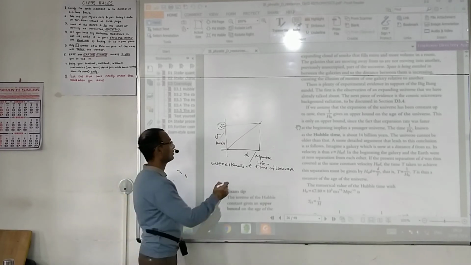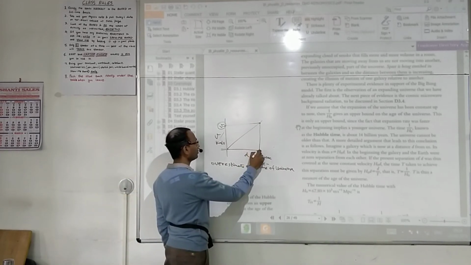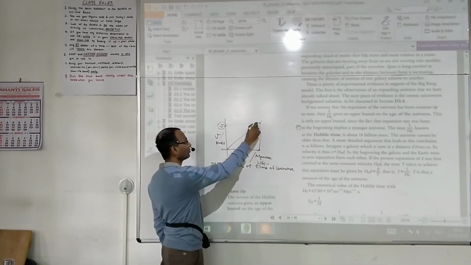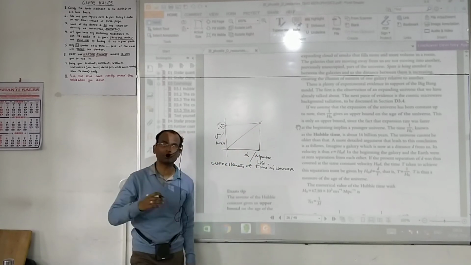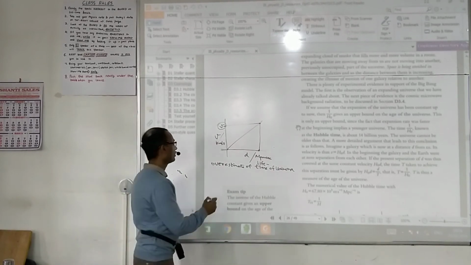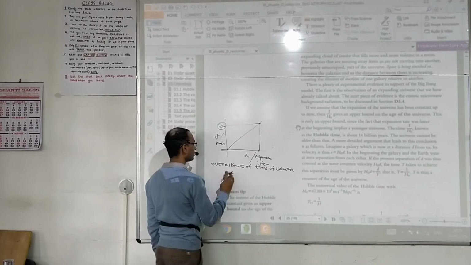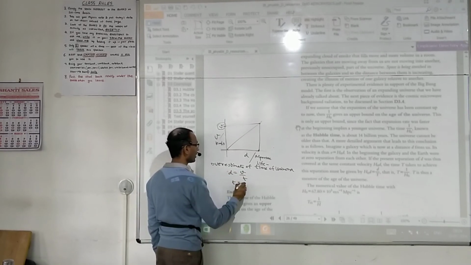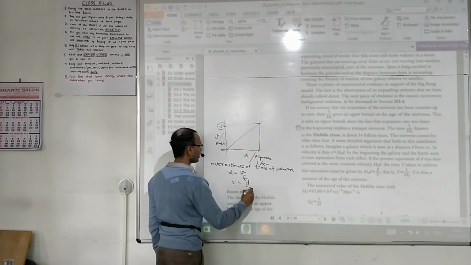Now what we are saying is, suppose this galaxy right now is going at V. If we assume that it has been going at V only throughout, then we know that distance is speed times time, so time is distance by speed.